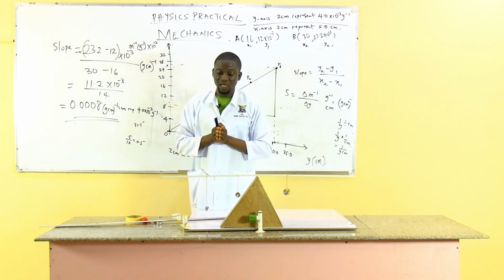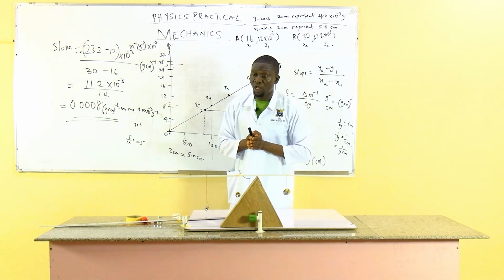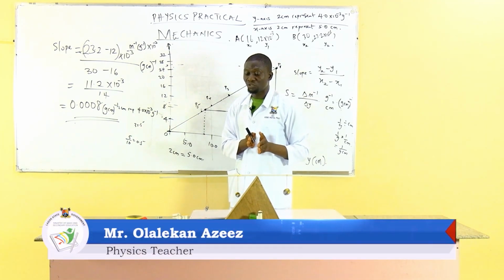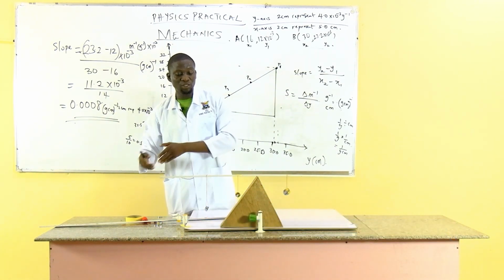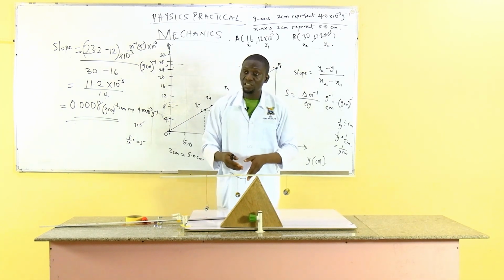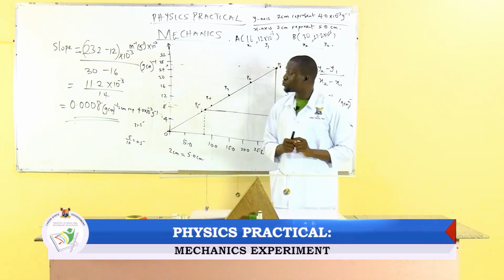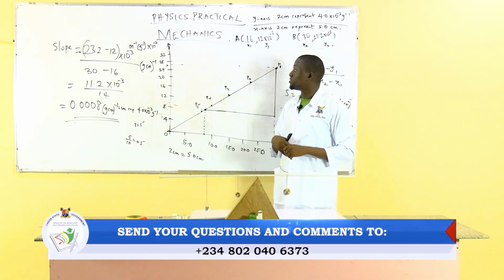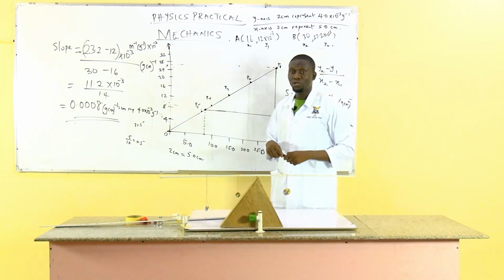Because if you don't stand vertically, you might be seeing 76 and be calling it 76.1 based on the way you are standing. If you stand at an angle to it to take the reading, or you go to the other angle, you might be seeing either 76.1 or you'll be seeing 79.9. So there will be a shortage in that. Please take note of that. So after taking our slope, we proceed to other calculation and the materials. Thank you very much.